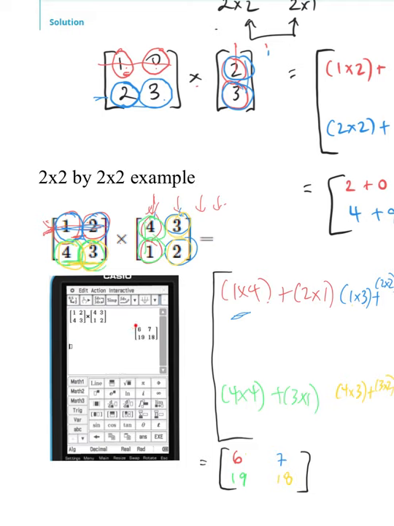So most of the time, if you're just getting the solution, you can just pop it straight in your calculator and get your answer. However, sometimes in some exams, they'll give you the answer and ask you to explain the calculations to get the element in position 2, 2, or the element 18 in the result matrix.